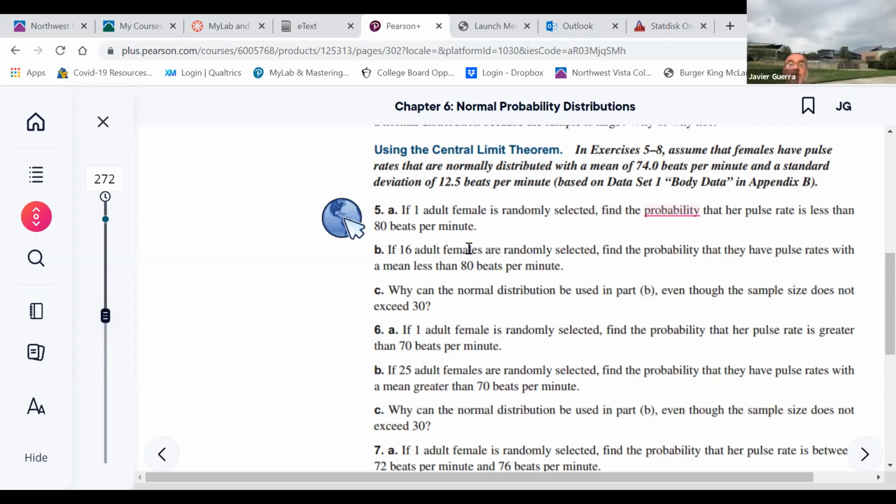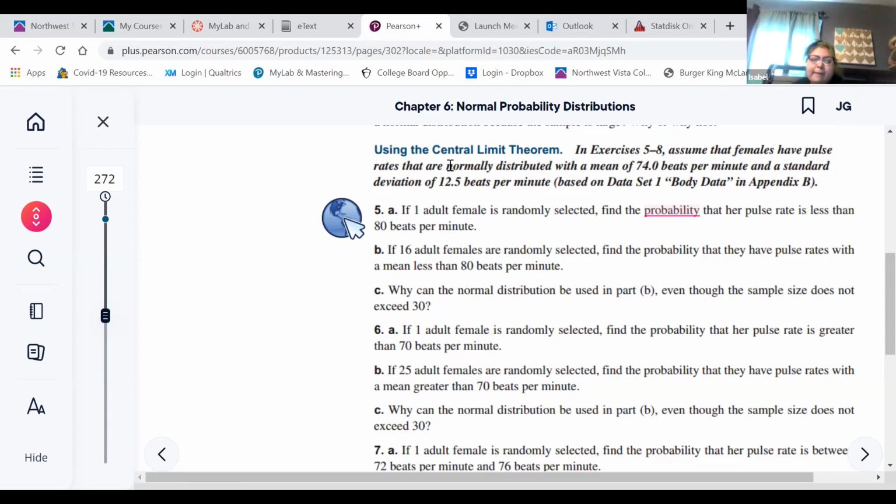Does it say anywhere that the problem is normally distributed? Let's see if you guys can see it too. Where do you see the term normally distributed at? I see it. In the directions.